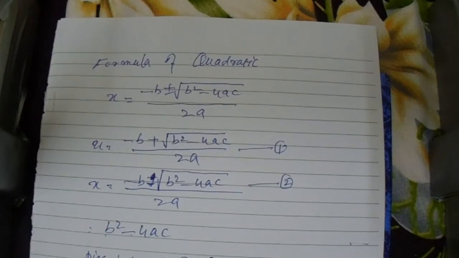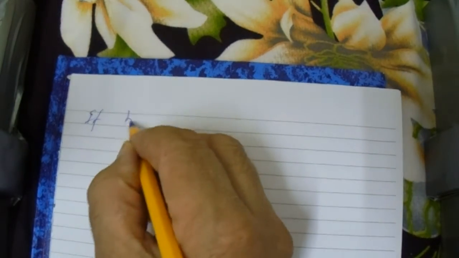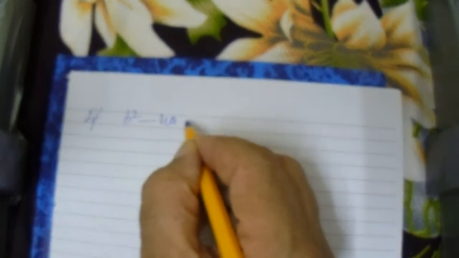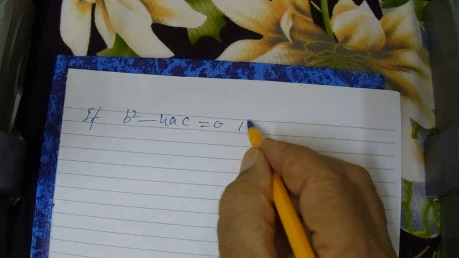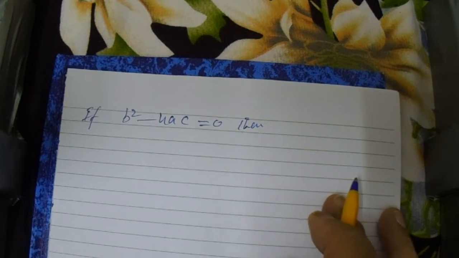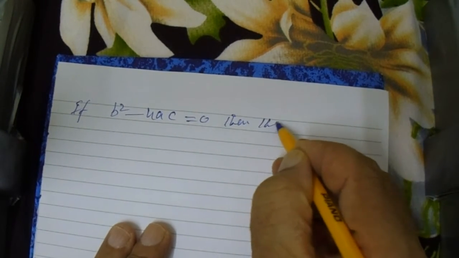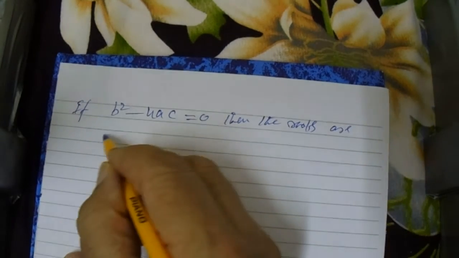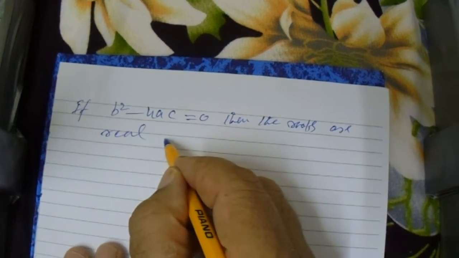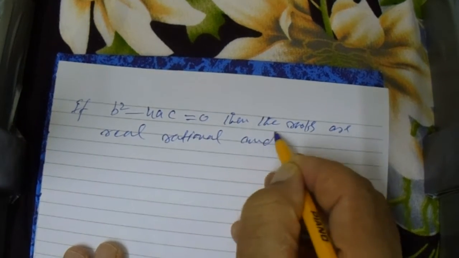Now we discuss the third type of roots. If b square minus 4ac is equal to 0, then the roots are real, rational and equal.